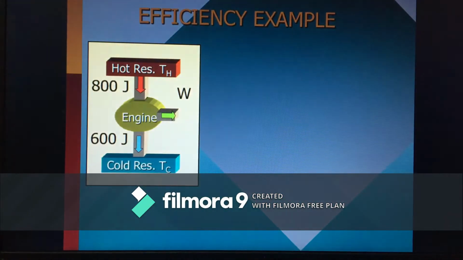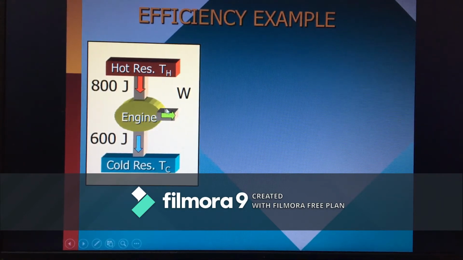Let's take this example. As you can see from the picture, we have here the heat get into the system, that is 800 joules, and we have work go out from the system, or it produce work, and we have here wasted to the cold reservoir, that is 600 joules.